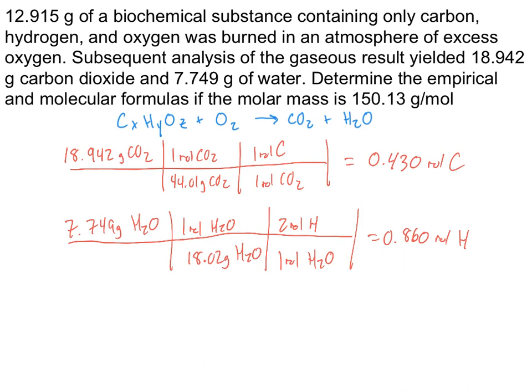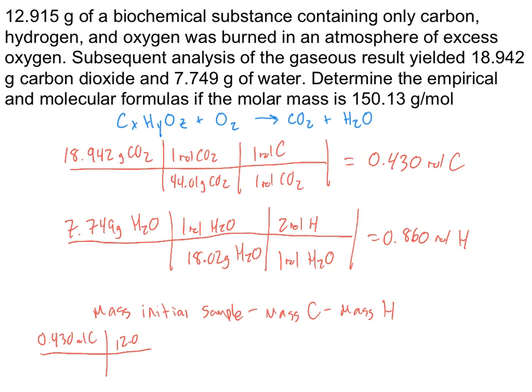Now we want to find out how many moles of oxygen we had. And so remember, in order to do that, we need the mass of our initial sample minus our mass of carbon and our mass of hydrogen that were initially present. And so we know that we started with 0.430 moles of carbon.